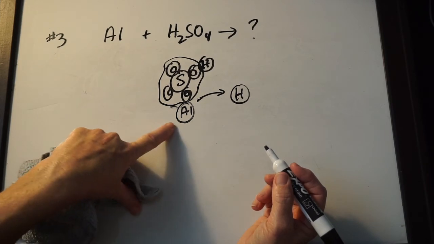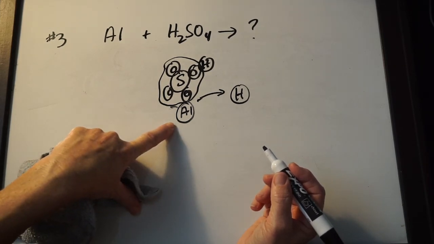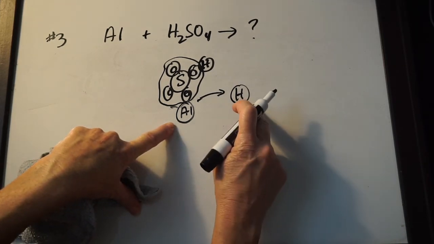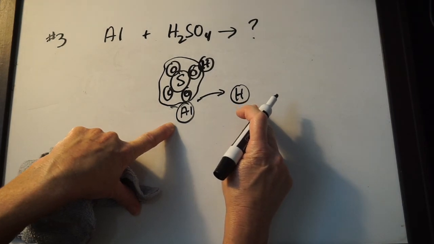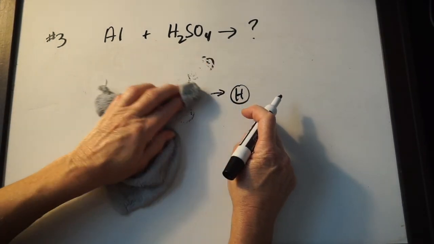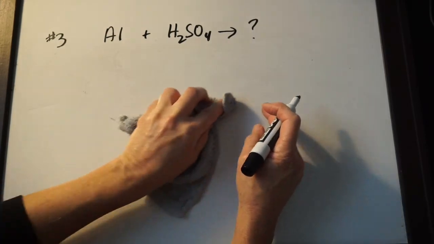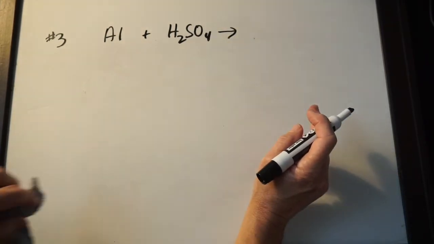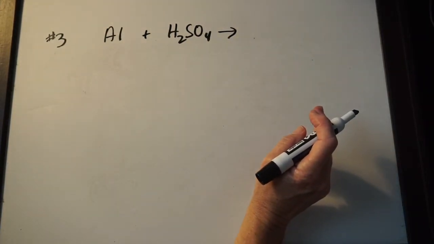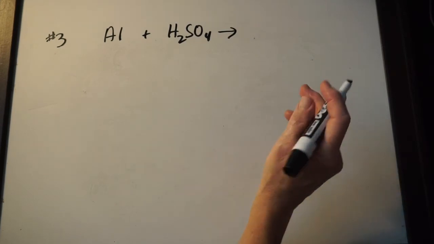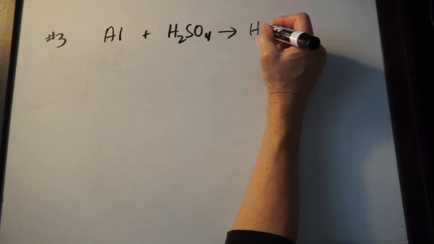Okay, so aluminum gets oxidized and hydrogen gets reduced. So what does this look like? That's number 3, right? So there's our hydrogen gas.